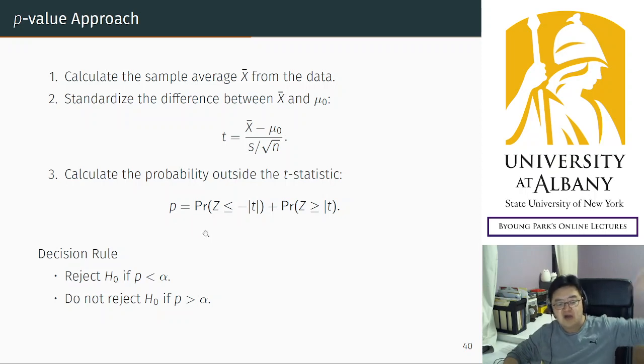If you rank outcomes from the most suspicious, or the most different from your hypothesis, to the least different from your hypothesis, then your outcome is at a certain ranking. So the p-value is the ranking. For example, if your p-value is 10%, that means your outcome is within the top 10% in this spectrum. That's my interpretation of the p-value.